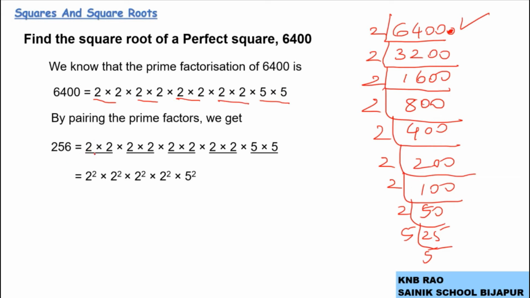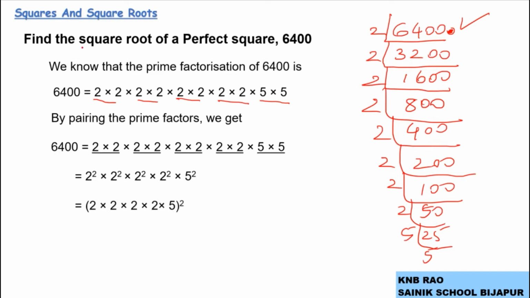So when we have 2's for 8 times, that means we can make 2's as 4 pairs and 5's as 1 pair.